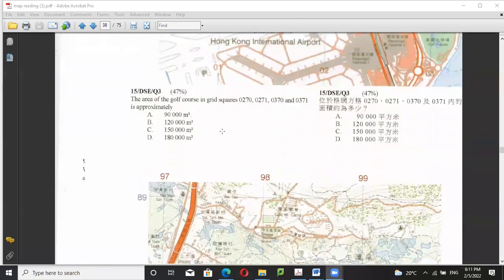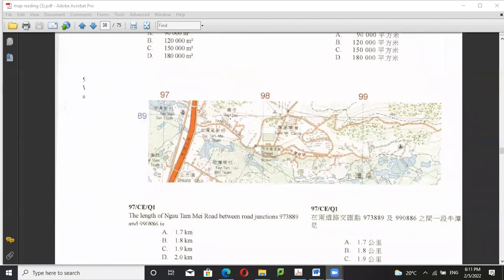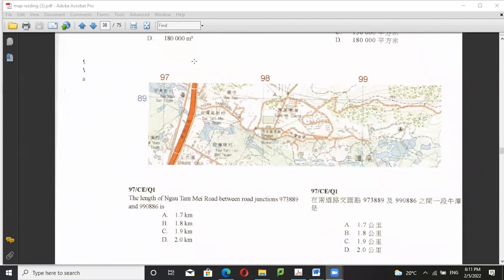Next. And then for here, which is talking about the length of the road, Ngau Tam Mei Road right here, this one.